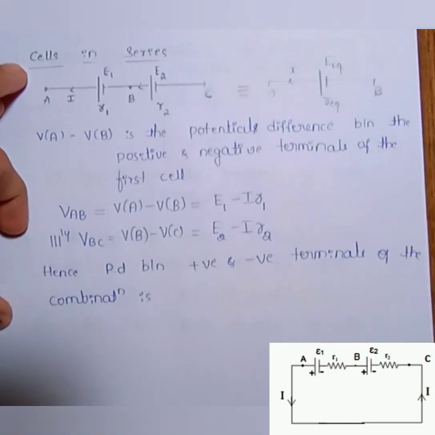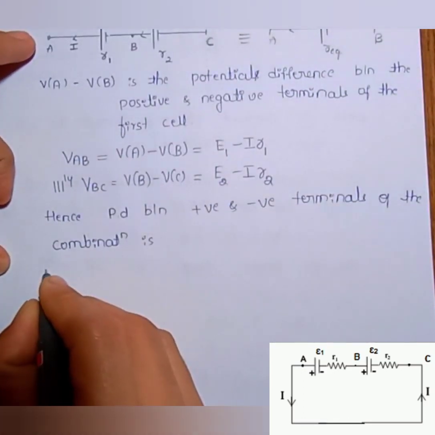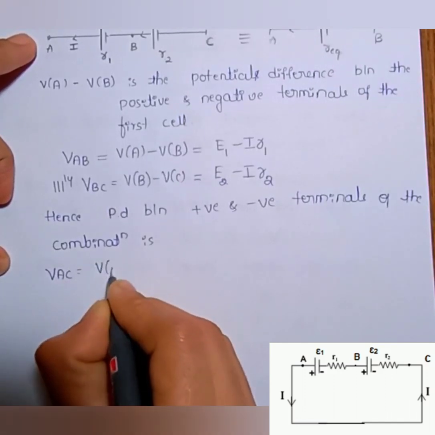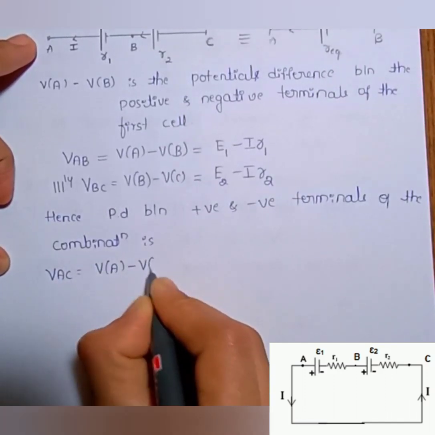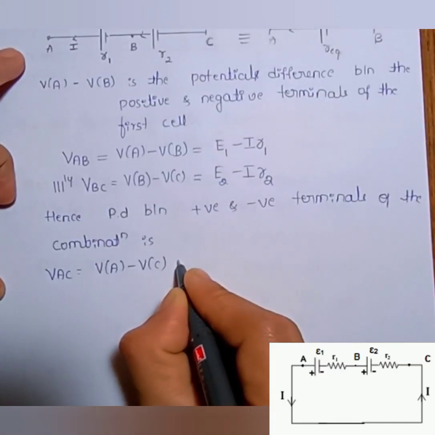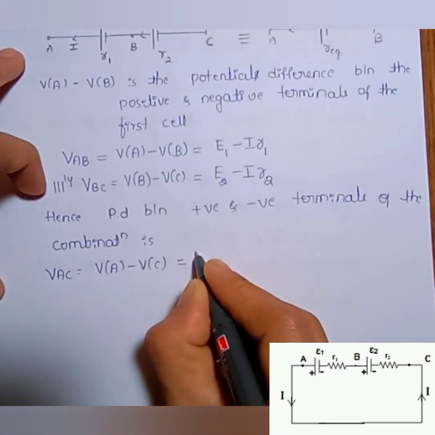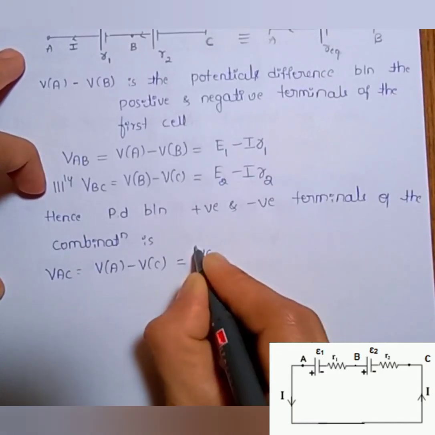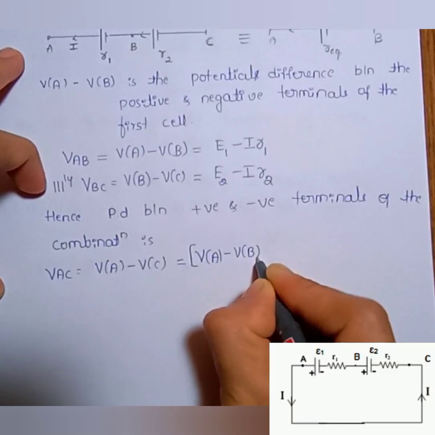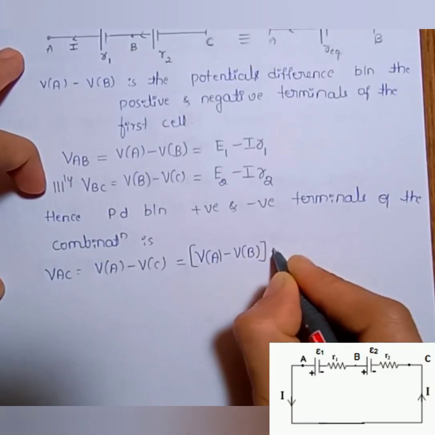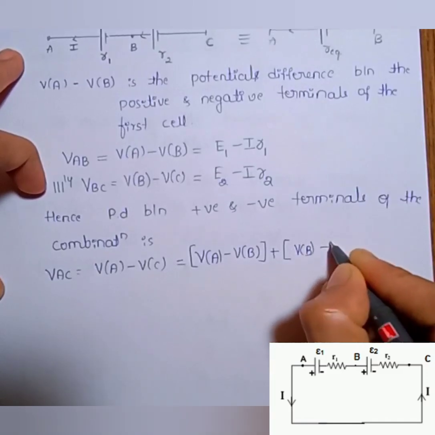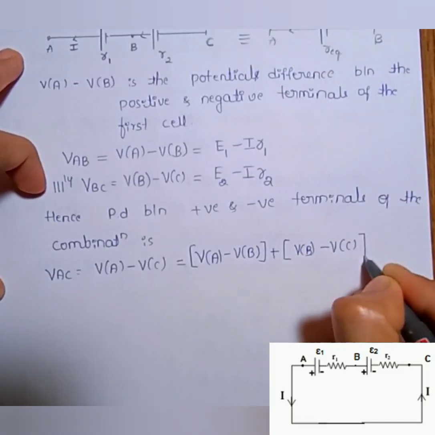Then the potential difference becomes VAC, which is V of A minus V of C, which is equal to V of A minus V of B plus V of B minus V of C.